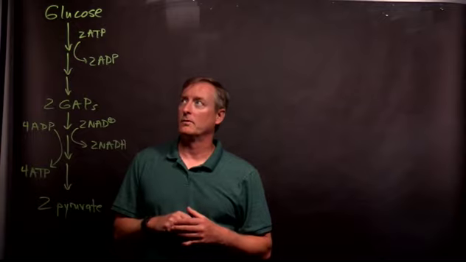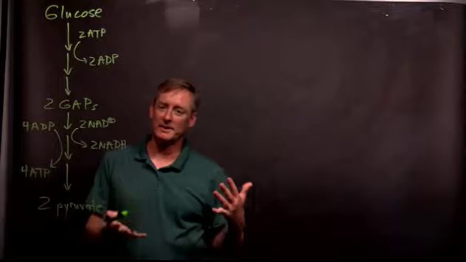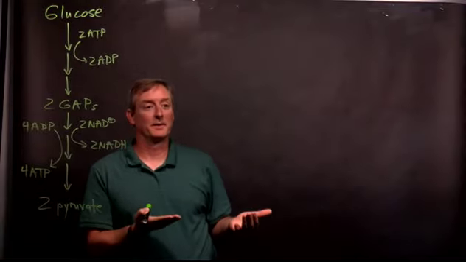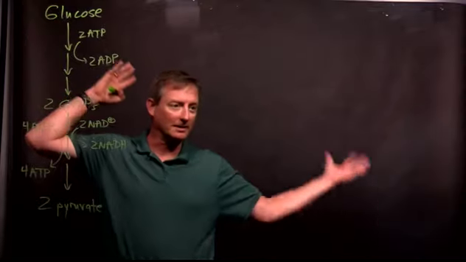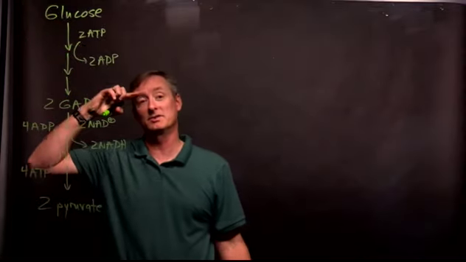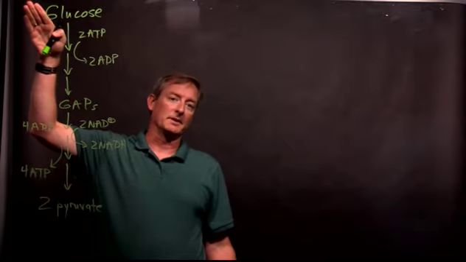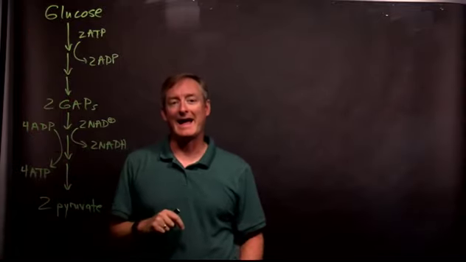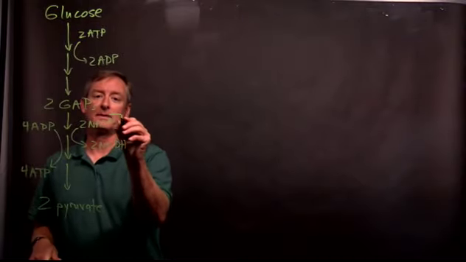But what we haven't mentioned is what the limiting reagent is. Now the limiting reagent obviously depends on the situation. Sometimes you don't have enough glucose and you have to get glucose from other places like glycogen or from breakdown of proteins.